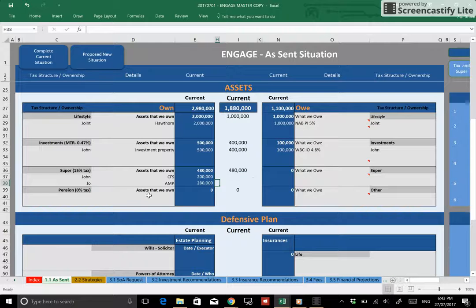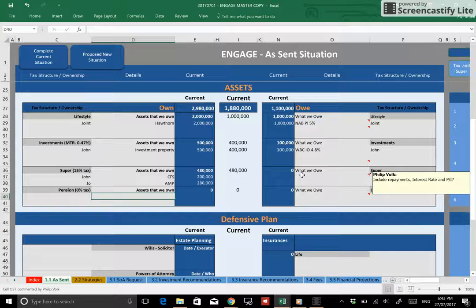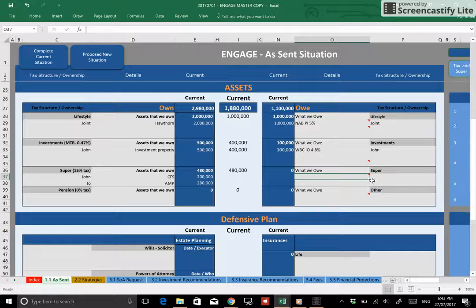They're not retired, so we have nothing here. But if they were retired, we have the balance of their funds and who owns it over here. And also if they have borrowed money for a self-managed super fund and there's a limited recourse borrowing, that information goes in here.